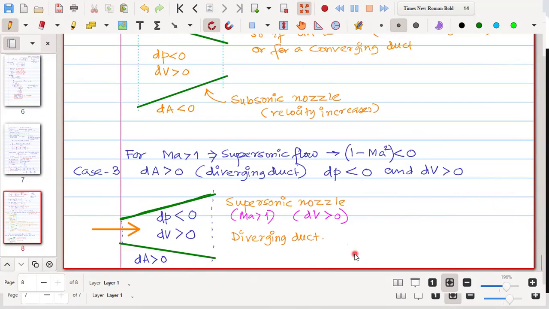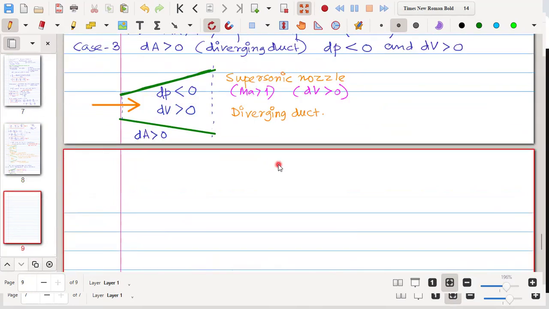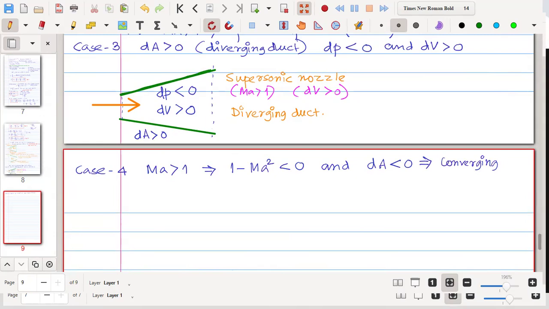Next, case 4. So Mach number is greater than 1, implying that 1 minus M square is negative and dA is negative, that is converging. Converging duct. So let us draw the geometry.